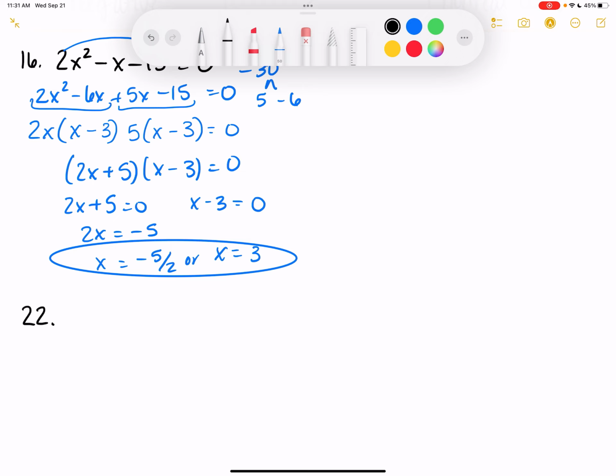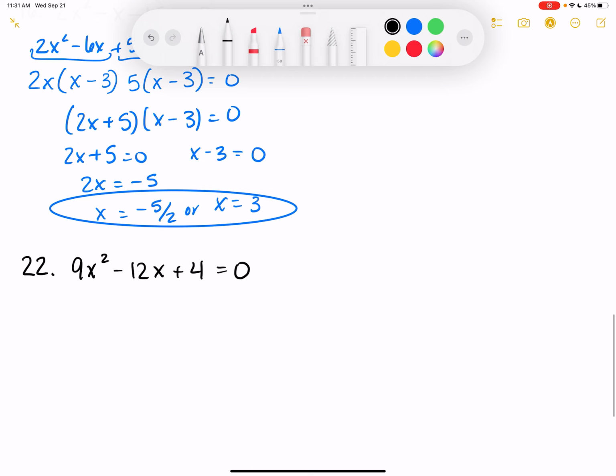All right, 22. 9x squared minus 12x plus 4 equals 0. The same instructions. So I need factors of 36 that give you negative 12.